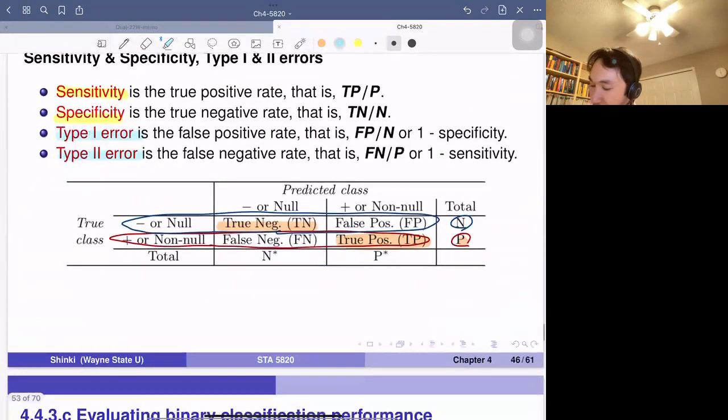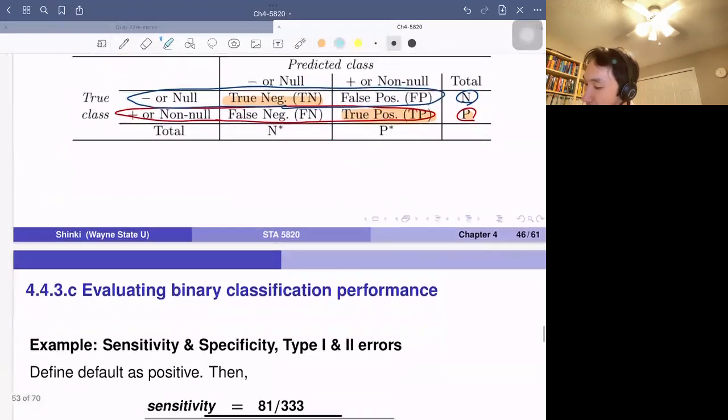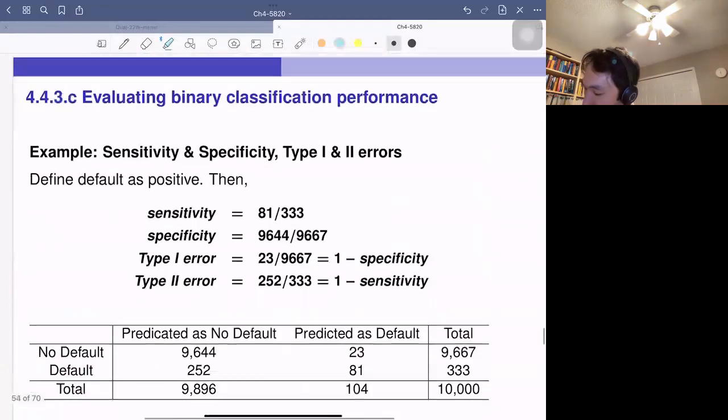And there are many other statistics, such as TN over N asterisk, or TP over P asterisk, and other things. So we have many other measures, but these are the most popular ones.